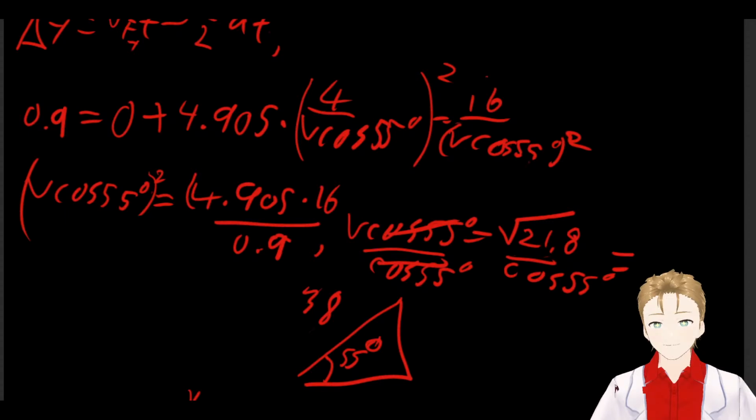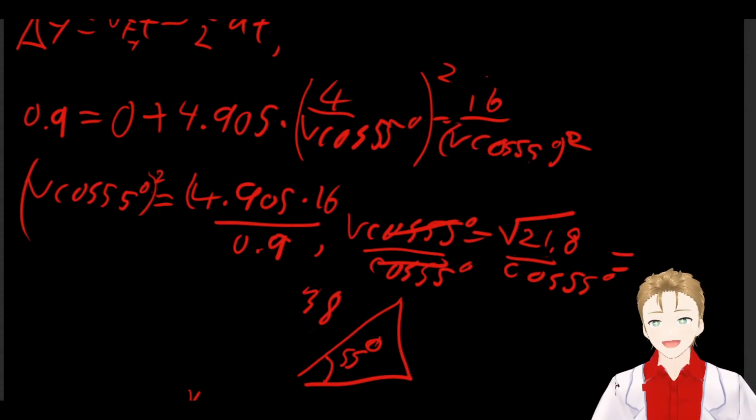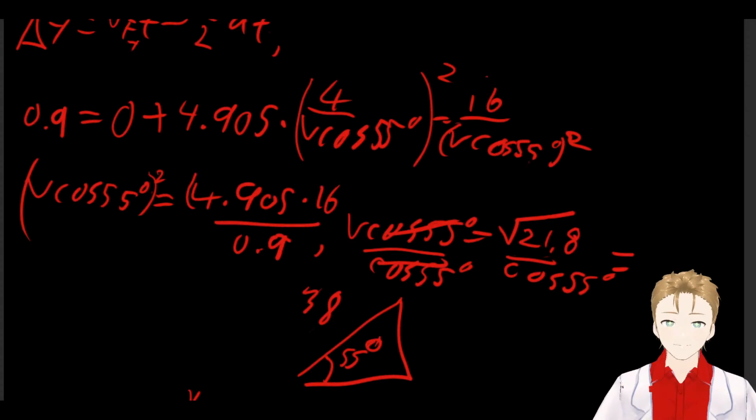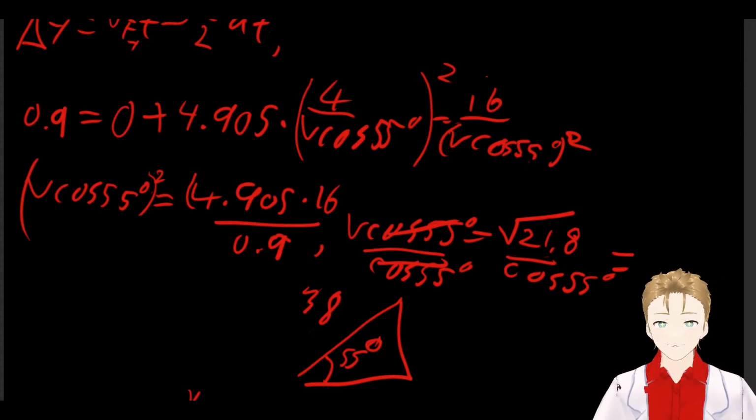Caps lock. Stop autocorrecting me. 0.905, 15 to the power 0.9, all to the inverse of 30.